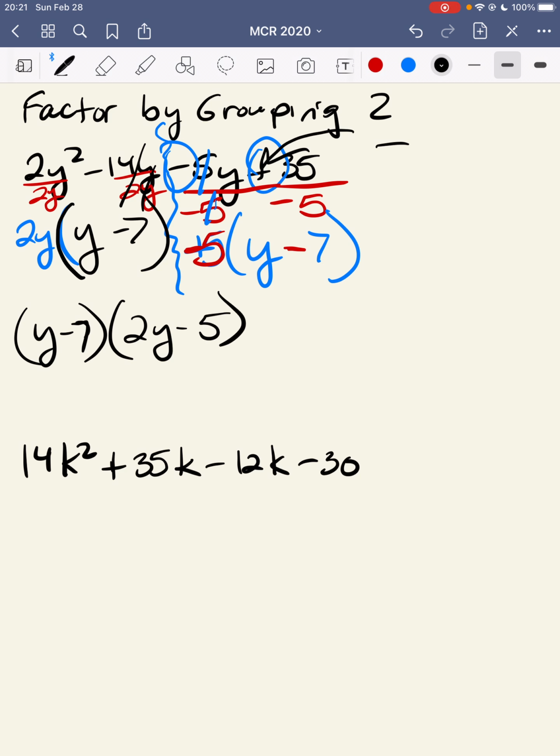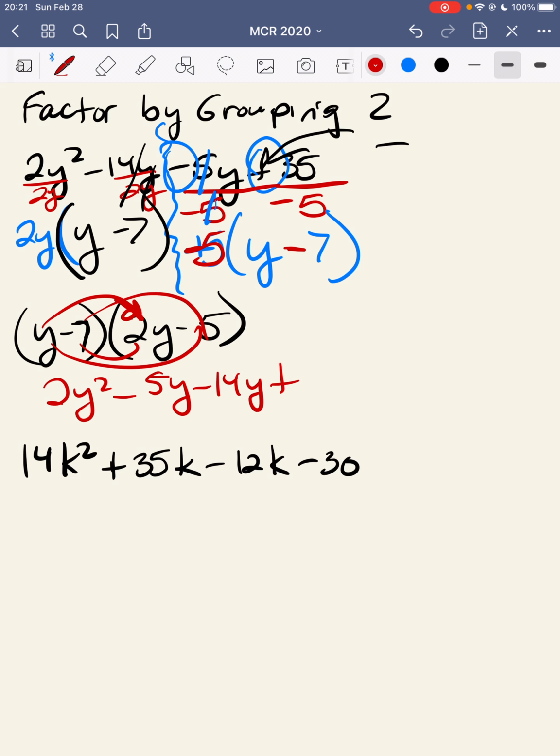And I probably should go ahead and check this through FOIL. So I have 2y squared minus 5y minus 14y plus 35. All right.